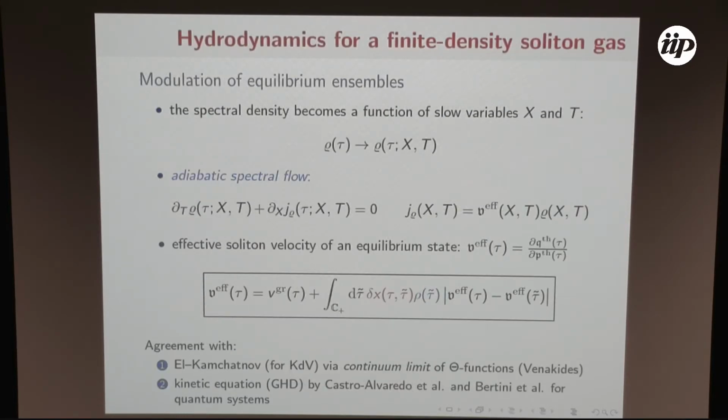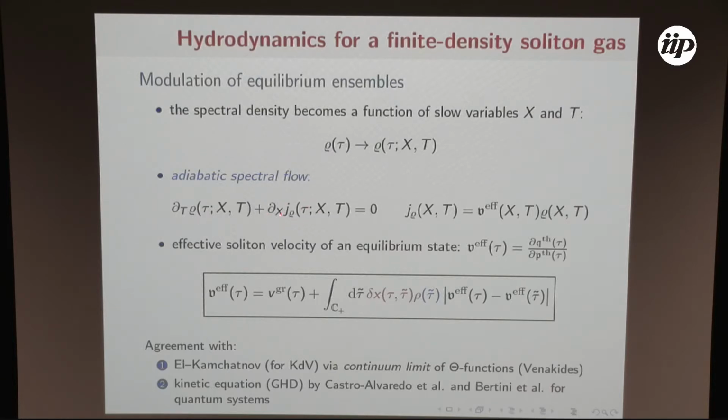And basically what you need to do, instead of modulating individual branch points, now we are modulating the soliton spectral density itself. So we promote it from a stationary object to a time-dependent object. And what this gives you is some adiabatic spectral flow, which is governed by this continuity equation for the soliton spectral density.